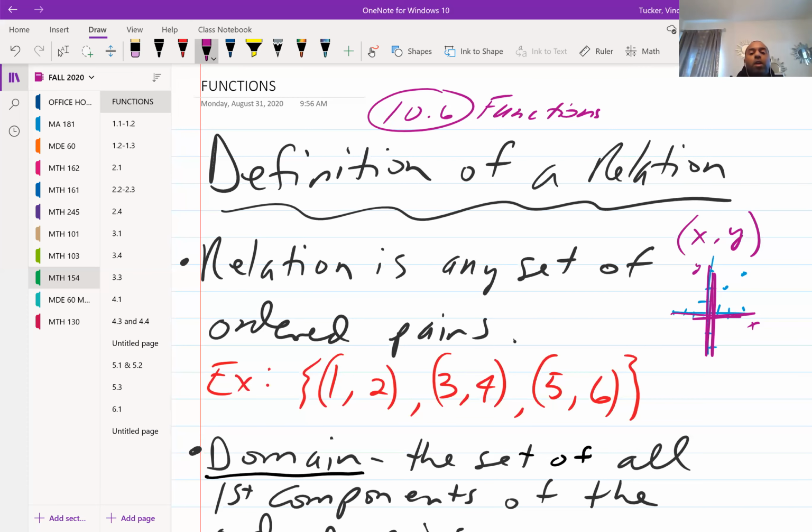All right. So definition of a relation. A relation is any set of ordered pairs. So in this case, we have 1, 2, 3, 4, and 5, 6.